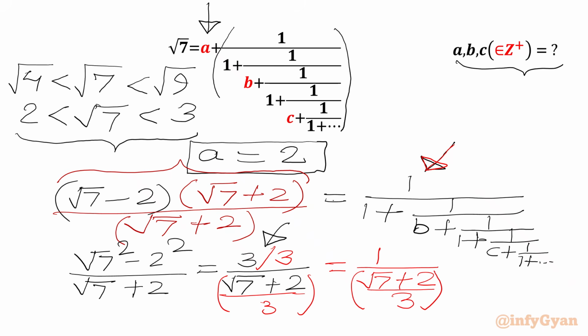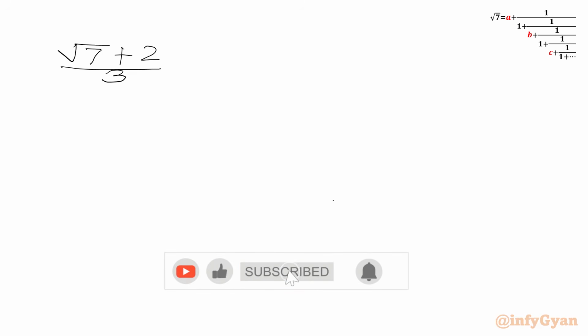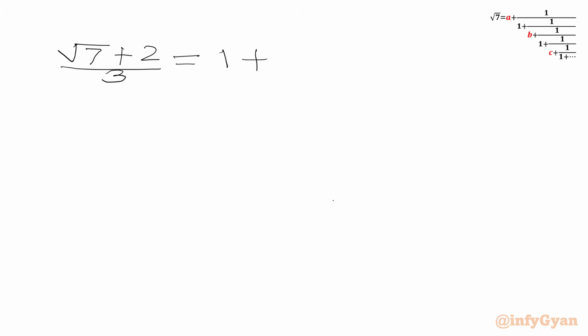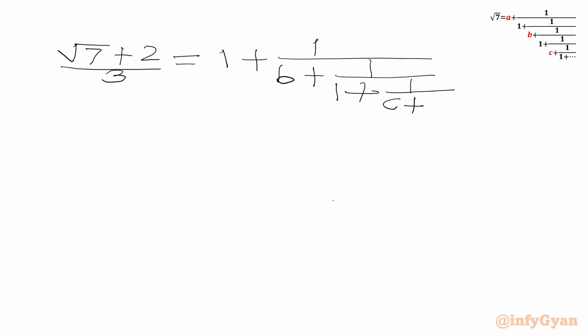In RHS we have 1 over 1 plus 1 over b plus 1 over 1 plus 1 over c plus 1 over 1 plus up to infinity. We can compare both sides and our denominator must be equal to each other. We will write square root 7 plus 2 over 3. This must be equal to 1 plus 1 over b plus 1 over 1 plus 1 over c plus 1 over 1 plus dot dot dot.